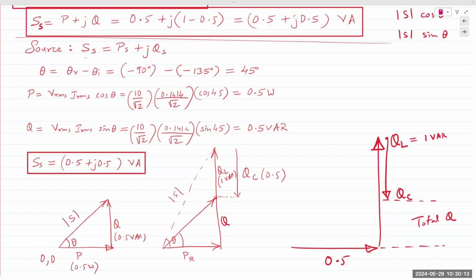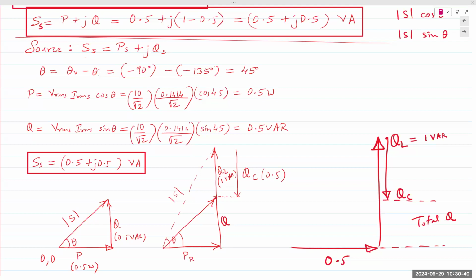This is kind of like a top-down approach. You found the total power being supplied by the source, but it does not give you the individual power for every single component. Total power being supplied by the source, you can equate with P plus jQ. P is 0.5, and total Q in the system is 0.5. Since there's only one resistor, we can state the resistor is 0.5 watts.